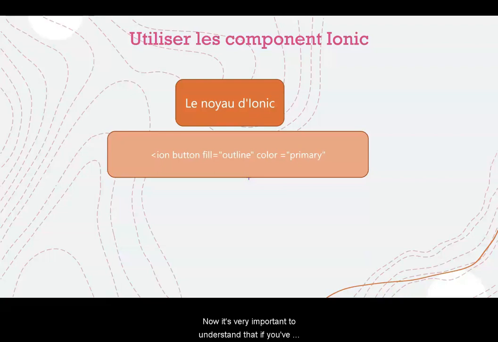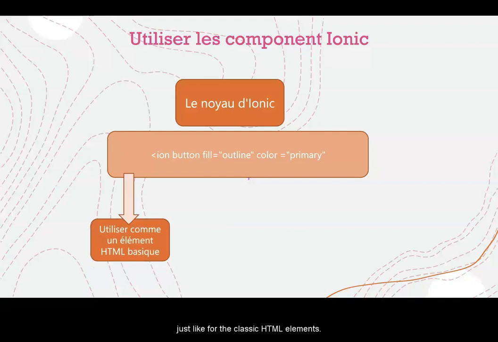Now it's very important to understand that if you have never worked with web components before, the term will be very new to you and you may not know how to use them. In fact, you just need to add them with their tags in your HTML code, in the places where you want to use them, just like for the classic HTML elements. Here is an example.